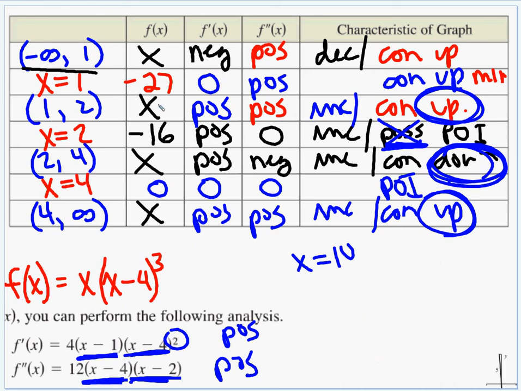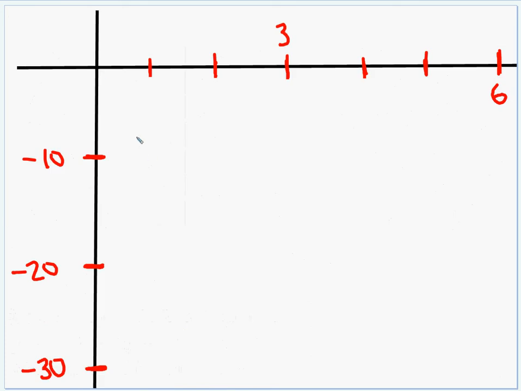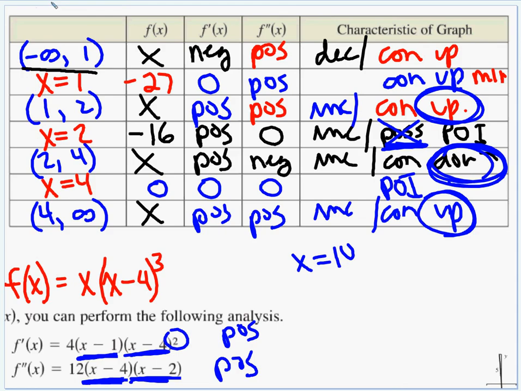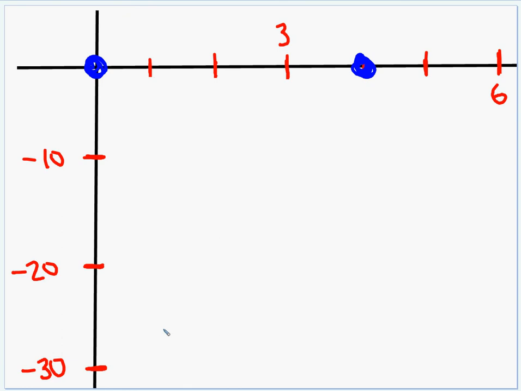Okay, let's put together a graph, come up with a few of our points from the table. Our x-intercepts were 0 and 4. So 0 and 4 are x-intercepts. We had this point, 1 comma negative 27, so over 1 down to negative 27 about here.